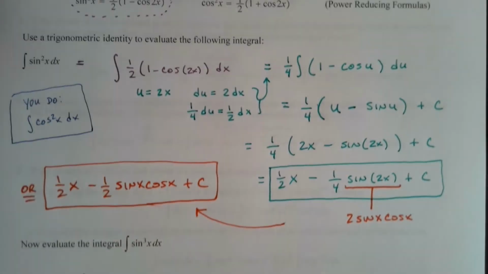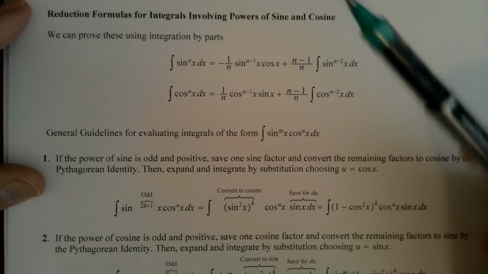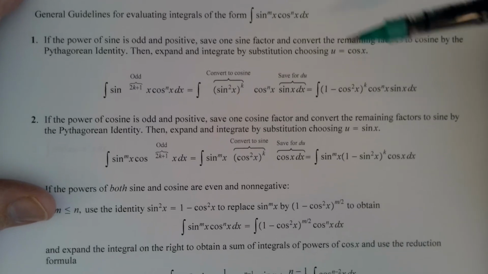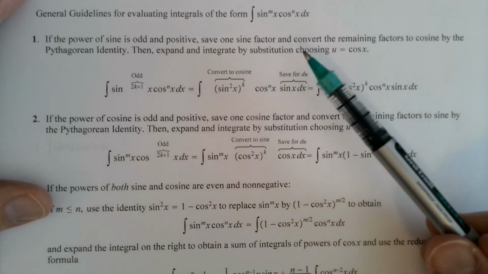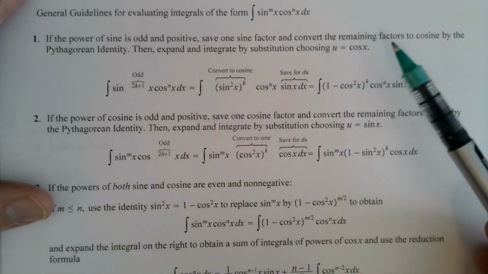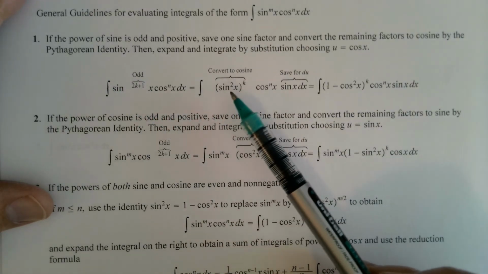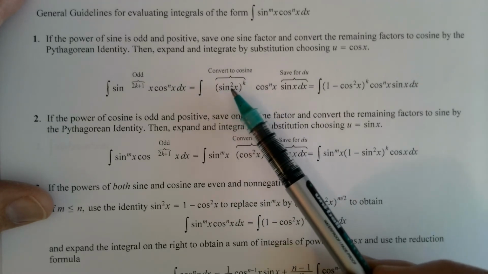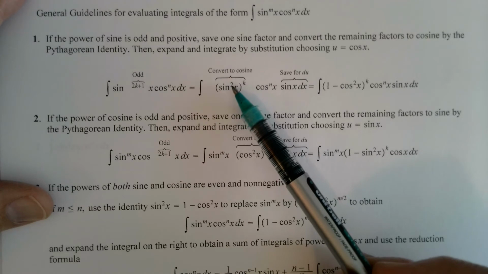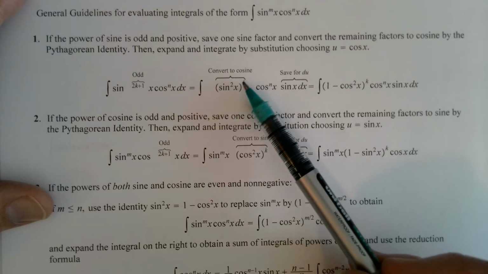So this next page shows the general strategy. Now, let me jump here first of all. So if the power of sine is odd and positive, we're going to save one sine factor for the du, and we're going to convert the remaining factors to cosine by the Pythagorean identity. So if this is odd, I'm going to peel one of the sines off here for the du, and I've got sine squared. It might be sine to the 4th, and then I can do sine squared squared, or it could be sine to the 6th, which would be sine squared cubed, right?